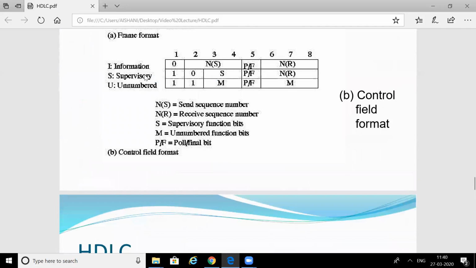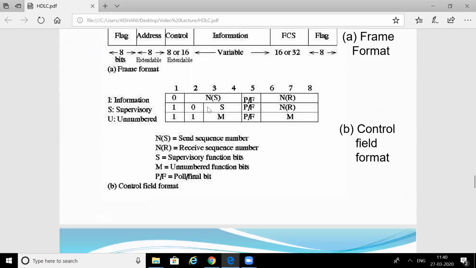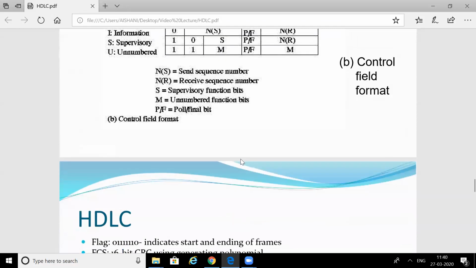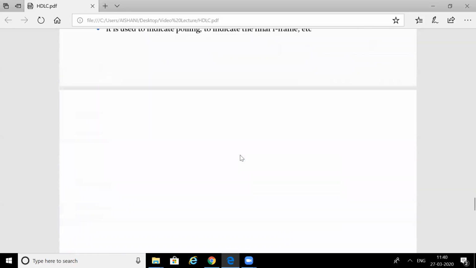Now if it is an information frame, it will carry the user data here. If it is an unnumbered frame, it will carry nothing, and if it is a supervisory frame, in the information part it will contain the supervisory type of information.